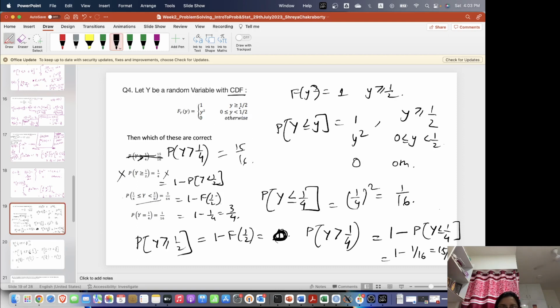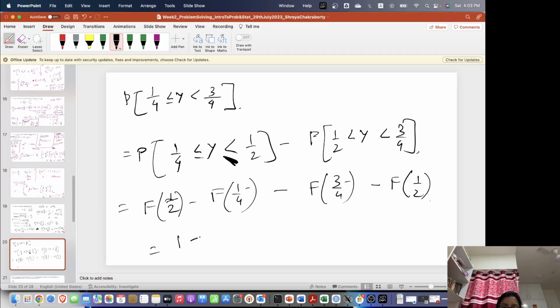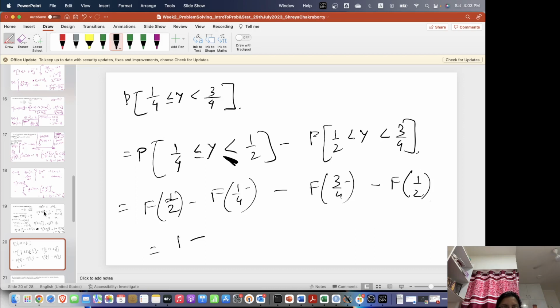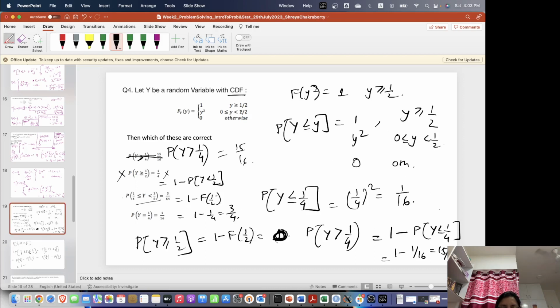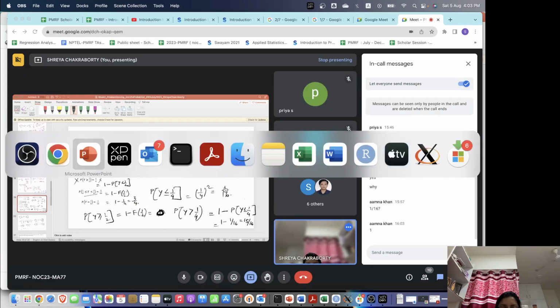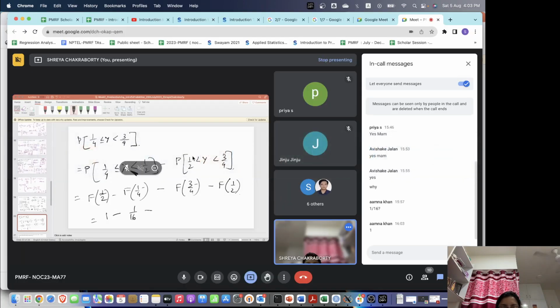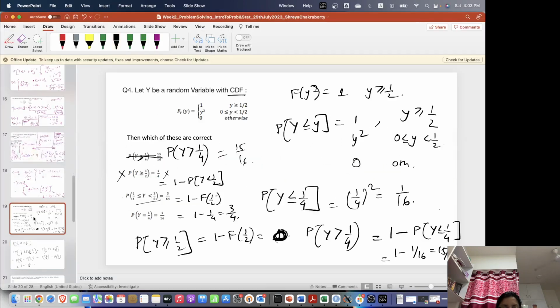When 1 is half is 1 minus f of 1/4 minus is how much? 1/16. Three-fourth minus is how much?